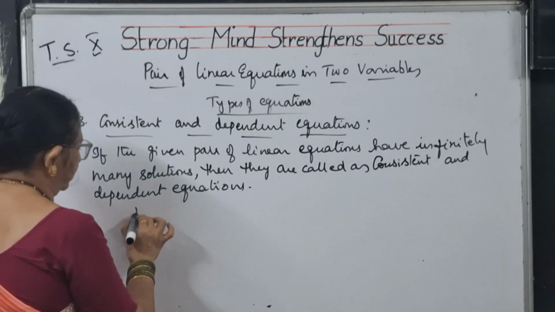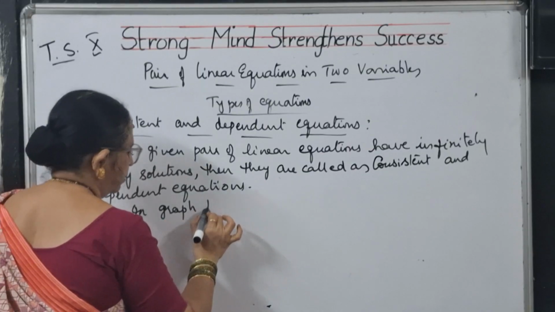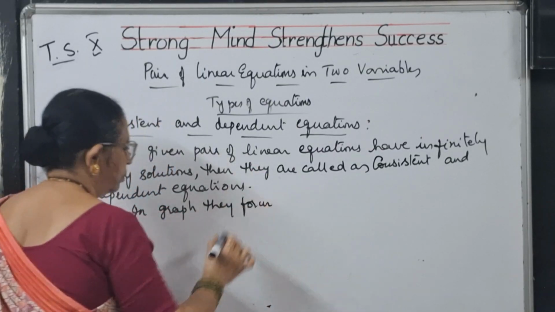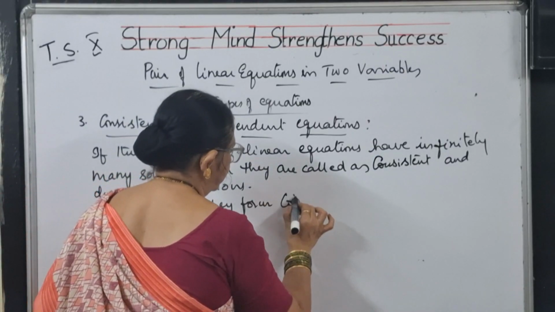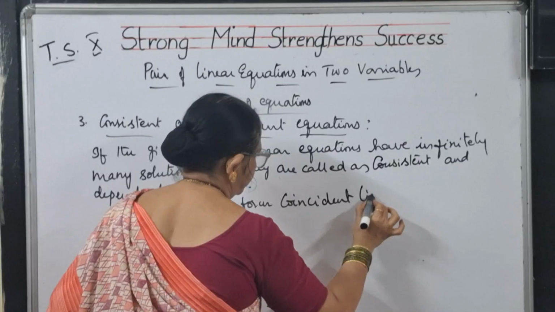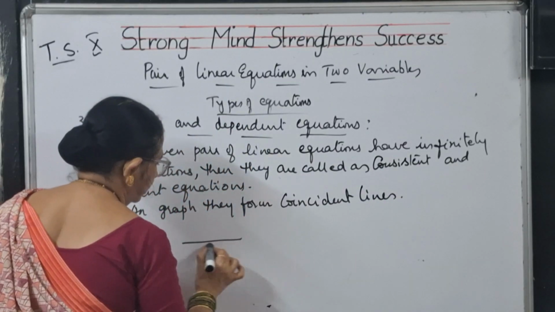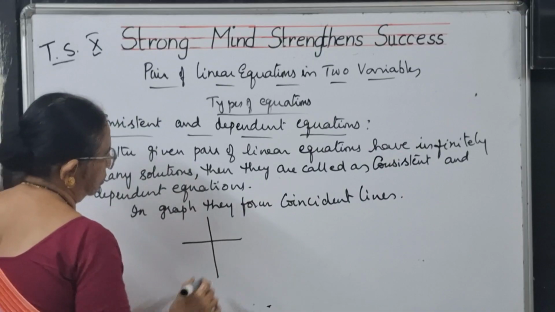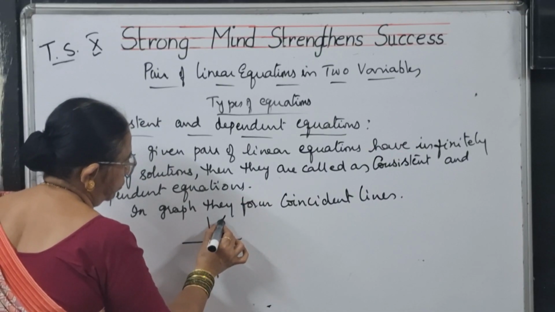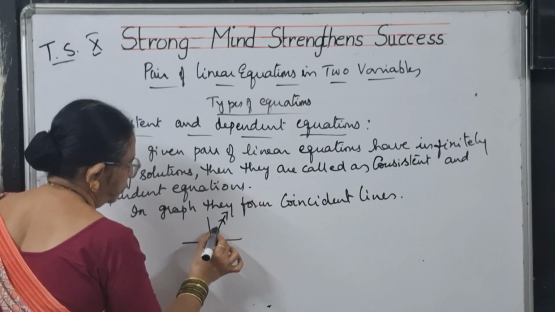That means in graph, they form coincident lines. So, if you take graph, if you get one line like this, another line will form upon it only. So, we will be taking two arrows like this.